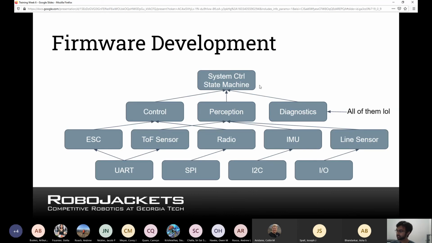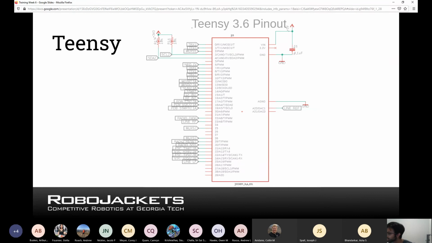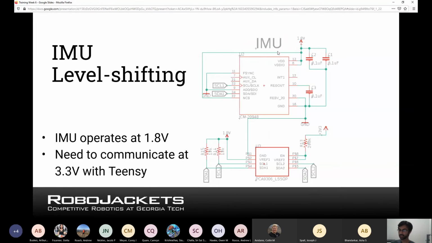So there's a question. What does the level shifter do? So you can see that the IMU is a 1.8 volt device. And the Teensy's digital I/O pins are going to either be at 0 or 3.3. So you remember that since I2C is a digital protocol, there's only going to be 1s and 0s coming out, which means the voltage is either 0 or 3.3.